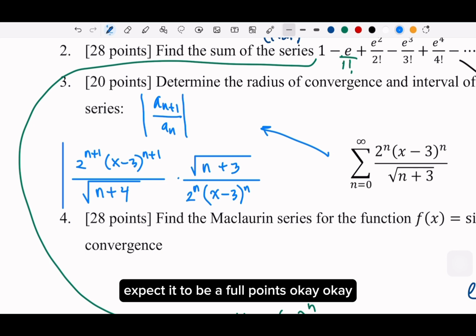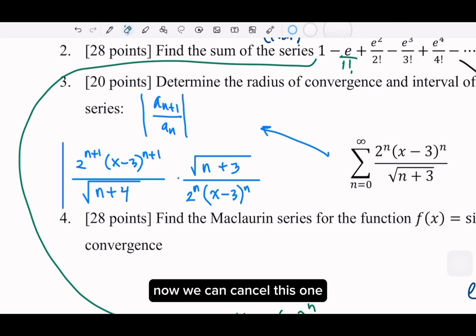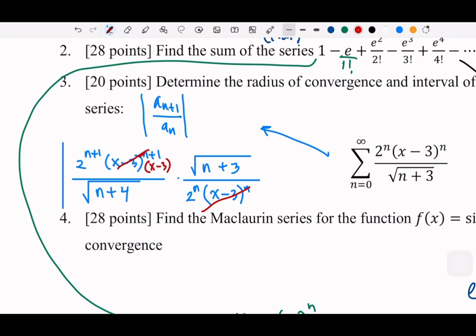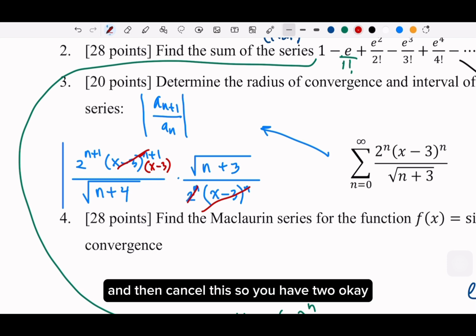Now we can cancel this one and this one, and then x minus 3 is left, and cancel this, so you have 2. Most students forget the 2.